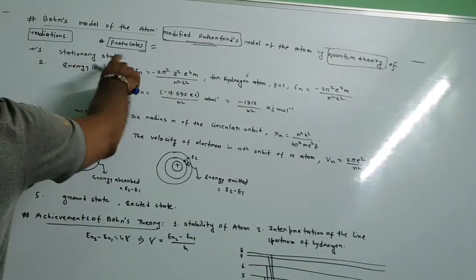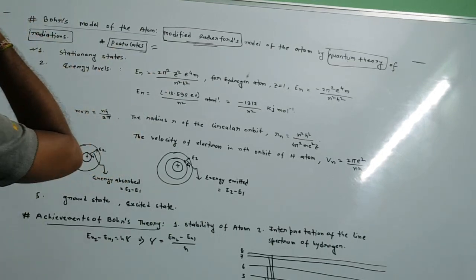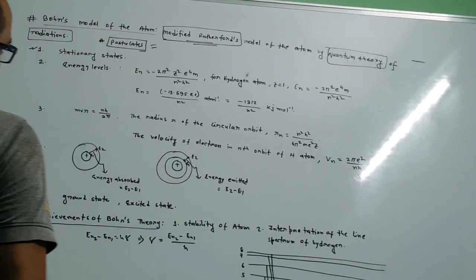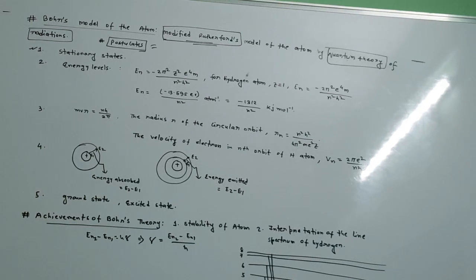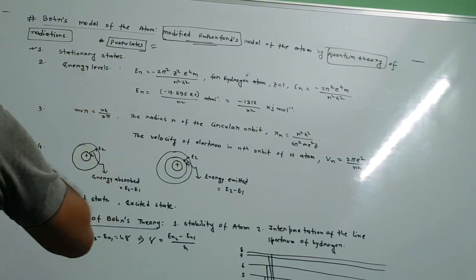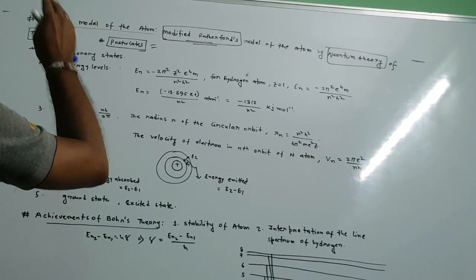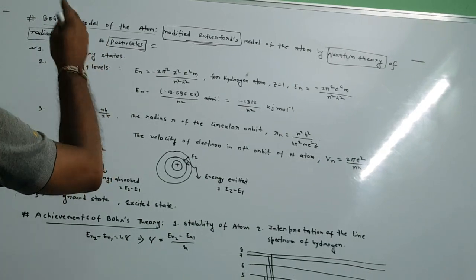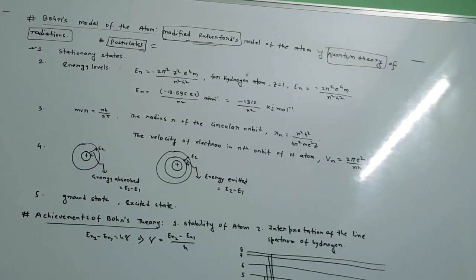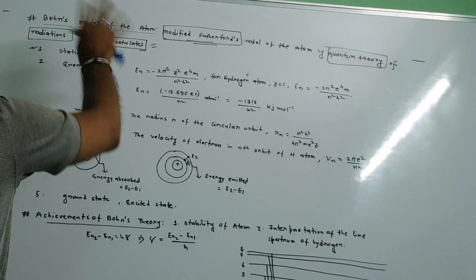We all know that an atom consists of a positively charged nucleus and electrons revolve around it. The electron revolves in a particular orbit and does not lose its energy.